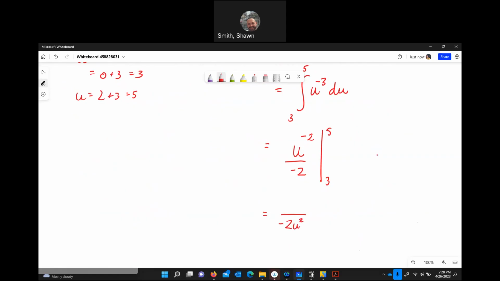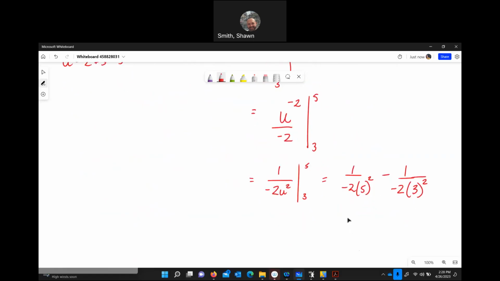Which is 1 over negative 2 times 5 squared, minus 1 over negative 2 times 3 squared. That makes negative, that's 25 times 2 is 50.